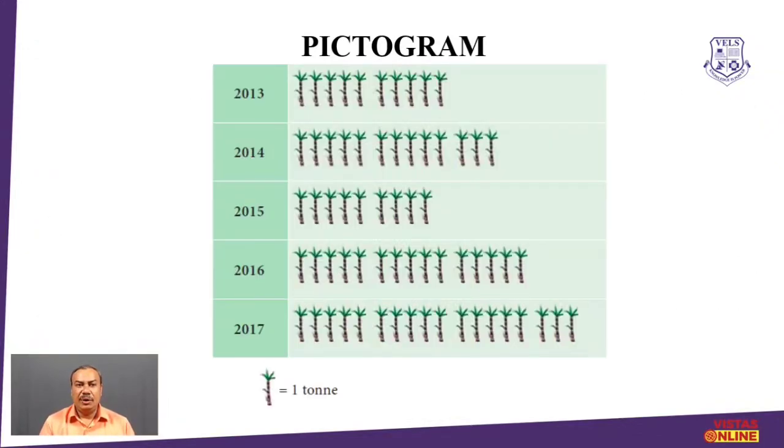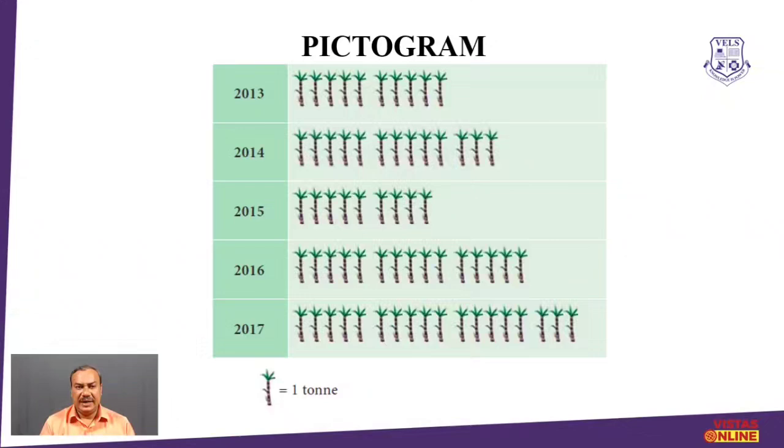So in this pictogram, we are using relevant pictures. For example, in this picture, for each year from 2013 to 2017, the yield of sugarcane from a certain district.